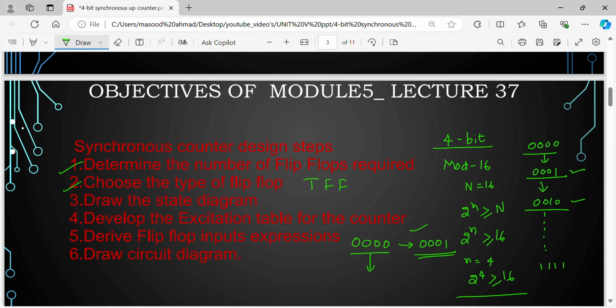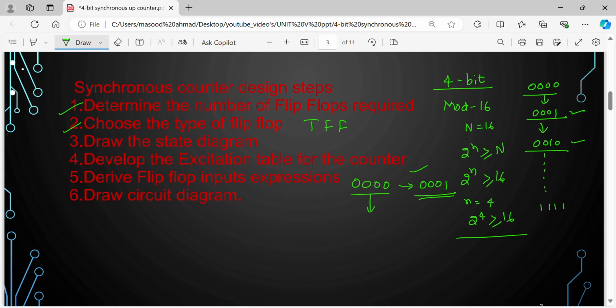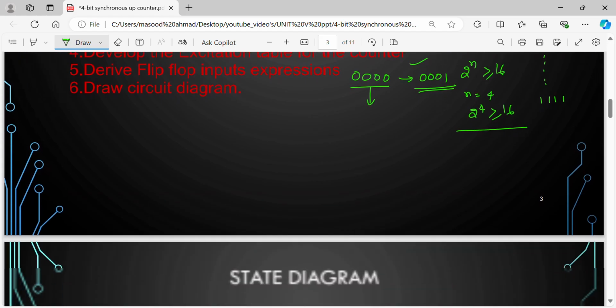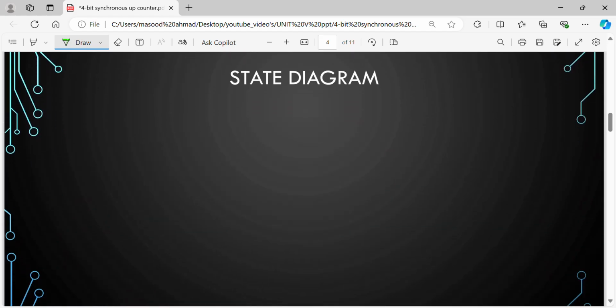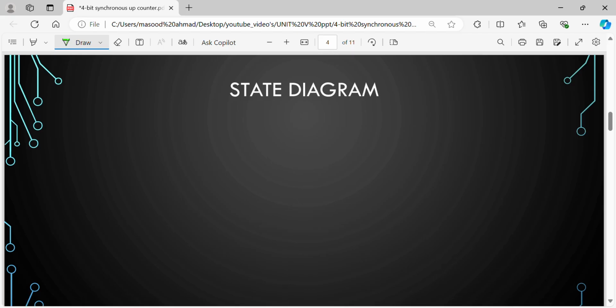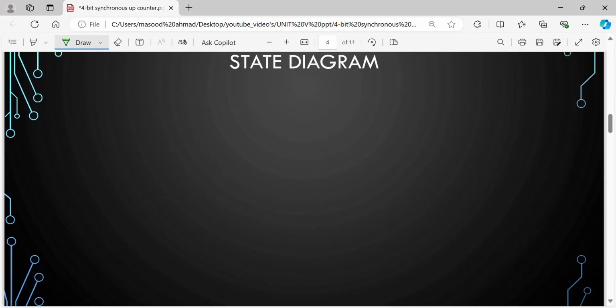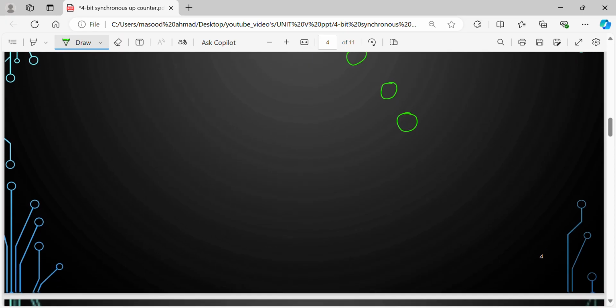But before going to the excitation table, as we know how the state diagram should be, we will draw the state diagram. Only thing is, we should have a large diagram for this. We are going to have 16 states, right?